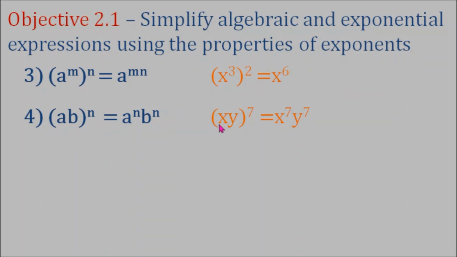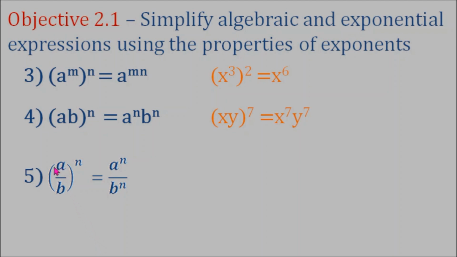For example, if we have the quantity x times y to the power of 7, this 7 is the exponent of x, and also this 7 is the exponent of y. Rule number 5, that's the power of a quotient.